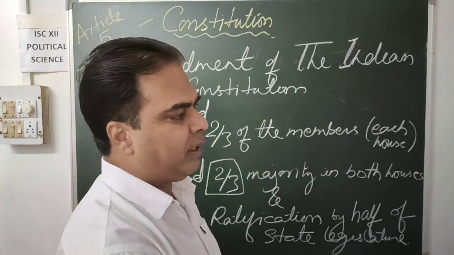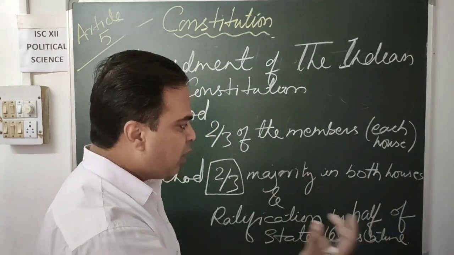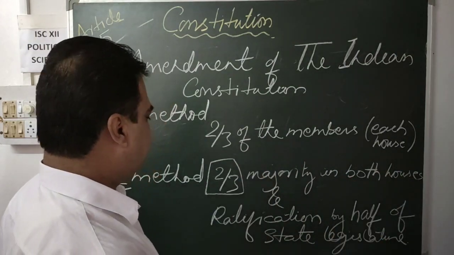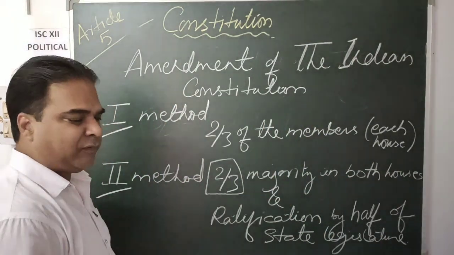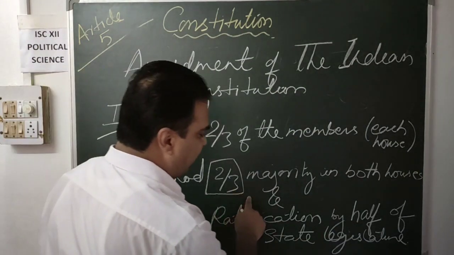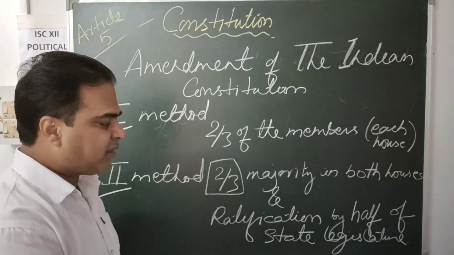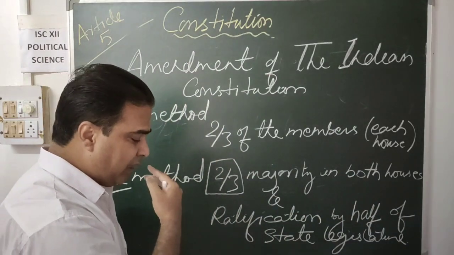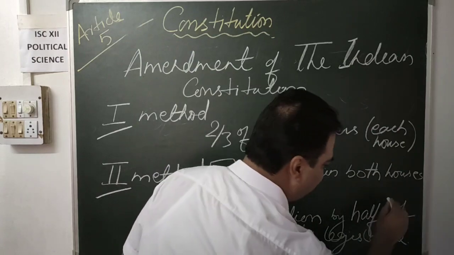Suppose all the members are not present, but out of the number present, 2/3 of the members present and voting will be counted. So if they agree to pass a resolution for a motion for amending the bill, then it will move on to the second stage, where the legislation needs to be ratified by the states. How many states? Half.